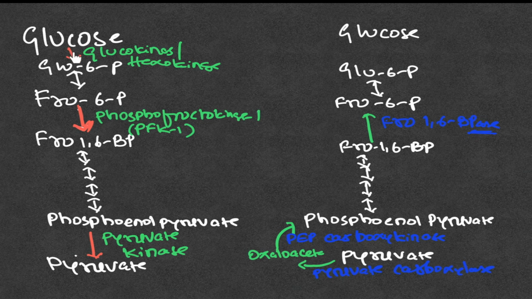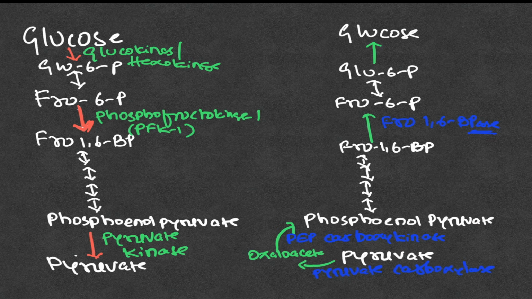Now, we are coming to the first irreversible step in glycolysis, catalyzed by hexokinase and glucokinase. We cannot use the same enzyme to reverse glucose 6 phosphate back into glucose. So, we need to bring in a new enzyme, and that new enzyme is glucose 6 phosphatase.